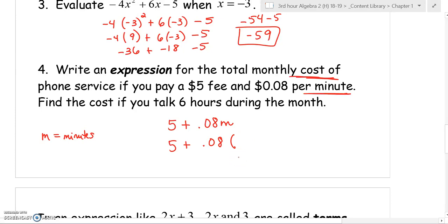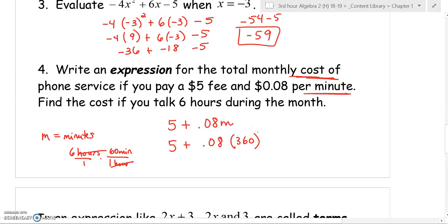How many minutes are there in 6 hours? In 1 hour, there are 60 minutes. So in 6 hours, there are 6 times 60, which is 360 minutes.